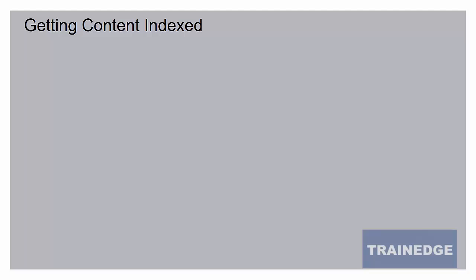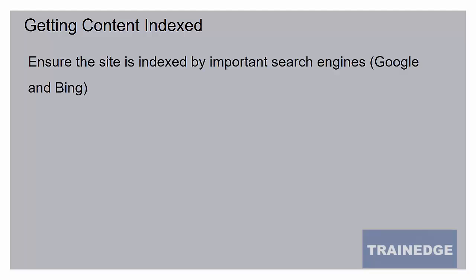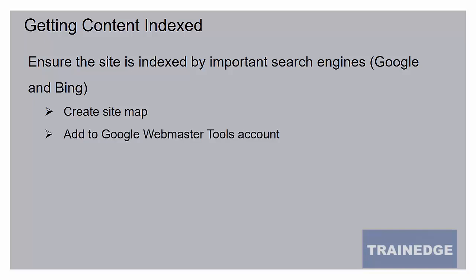Once you have the content ready and linked, then you need to get it indexed by search engines. You must ensure that your site or your page is indexed by at least Google and Bing. For that, you need to create a sitemap and add the sitemap to your Google Webmaster Tools account.